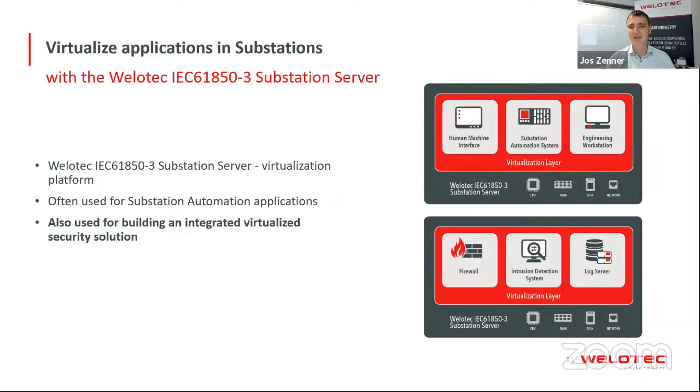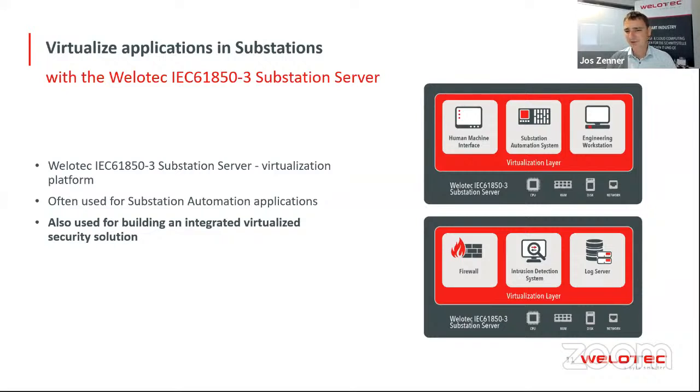Another very interesting topic, and probably more interesting than the first one, is for IT and OT security. The reason behind it, it's more volatile. You need to change it more often because new IT and OT security threats appear.